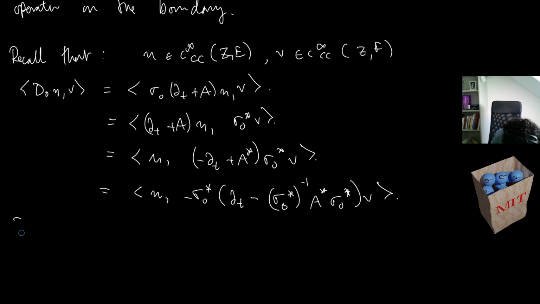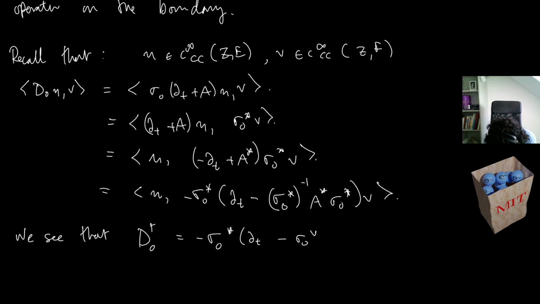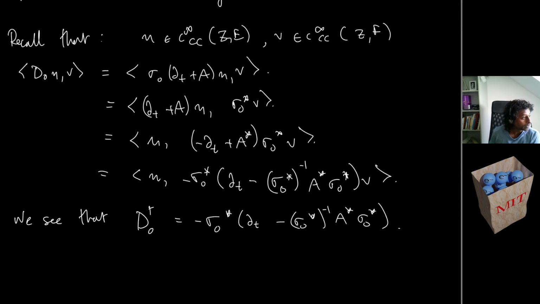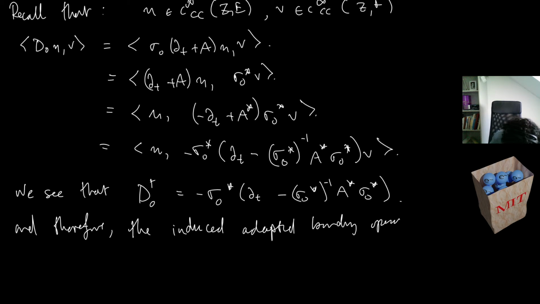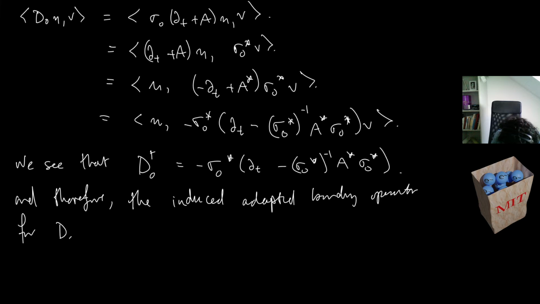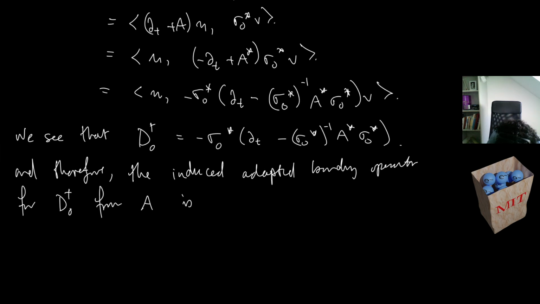So we see that D dagger naught is equal to precisely sigma naught star dt minus sigma naught star inverse A star sigma naught star, and therefore the induced adapted boundary operator for D naught dagger from A is, well, I'm going to define this as A tilde.